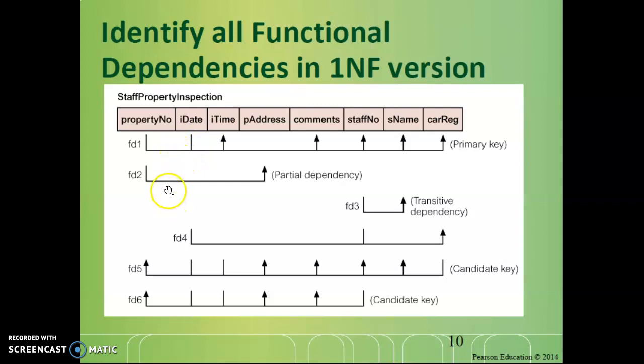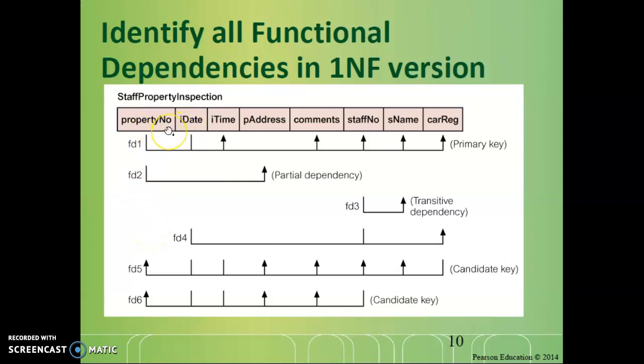Then composite candidate keys are also identified. What is a candidate key? We identified 3 sets of candidate keys in this table. One is property number, I date.